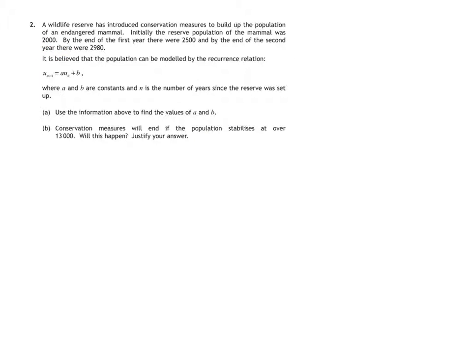So the first number we come across: initially the reserve population of the mammal was 2,000. So that is our U0, our very first term, and that's going to be 2,000. And then we've got our next one. By the end of the first year there were 2,500.